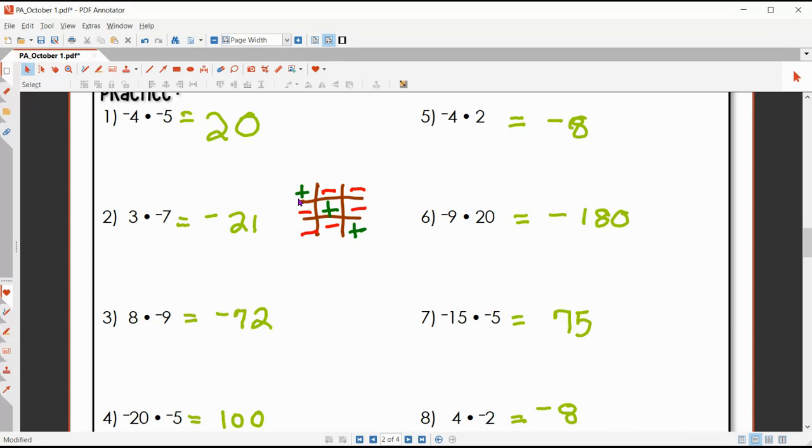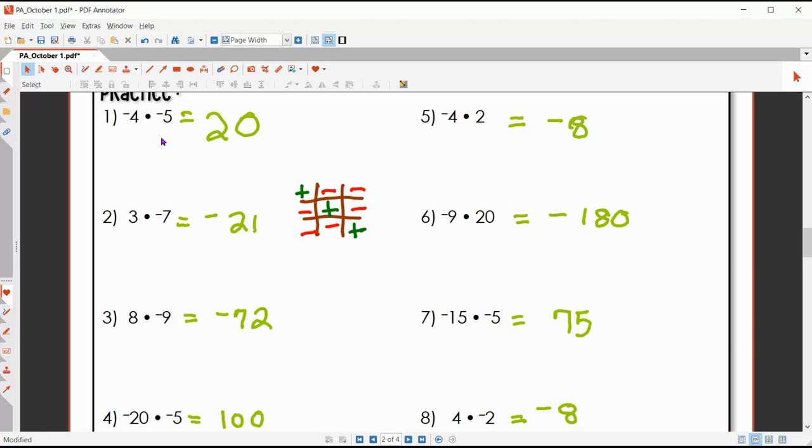So what that tells us is that a positive times a negative is a negative. A negative times a positive will produce a negative, and a negative times a negative will produce a positive. And this works in any direction, up, down, left, right, any direction.